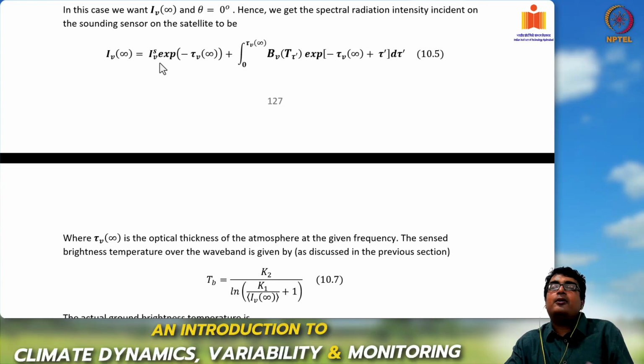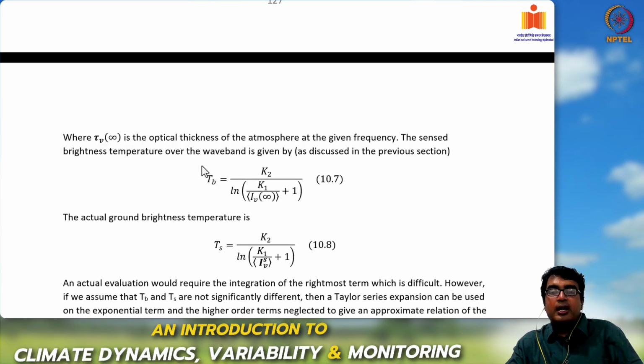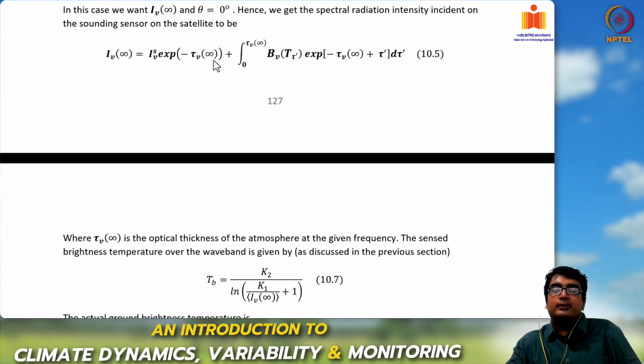So this term will also be evaluated from the TIR based imaging technology that we discussed just in the last class. So this term is also known, and for a given frequency the optical depth is also obtained from physical evaluation alone. So this term is entirely known, this term is entirely known. This is the problem. Okay, we have to evaluate this term.